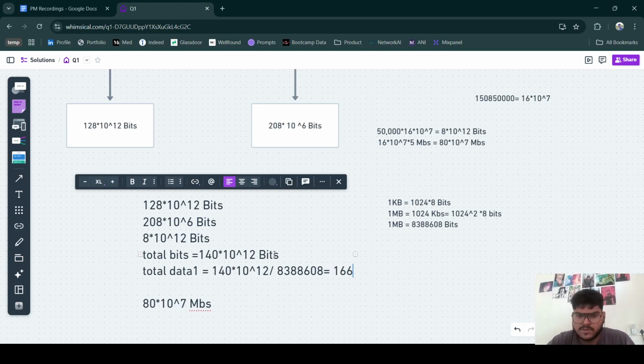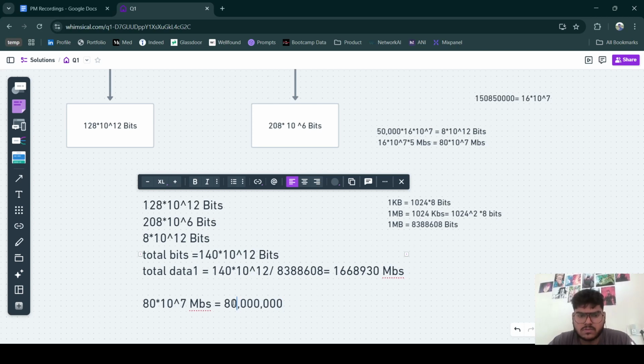So it comes around 16,689,30 MBs, and it is around 80 MBs.